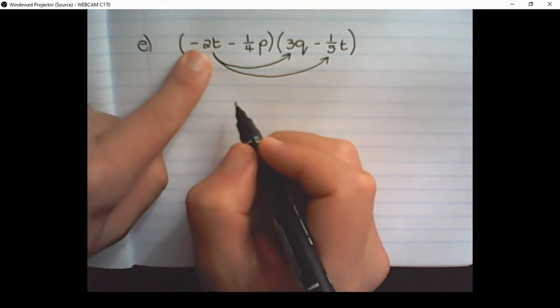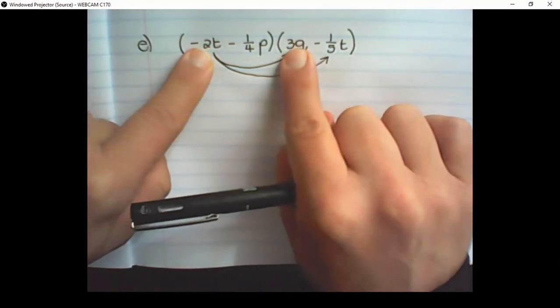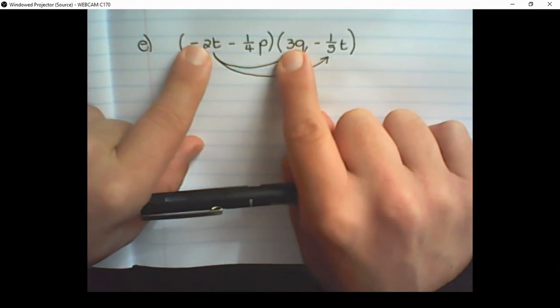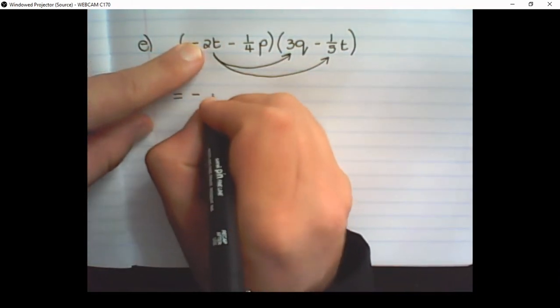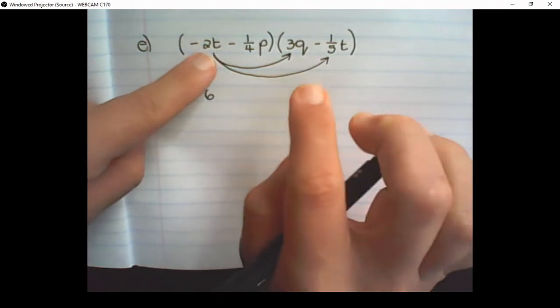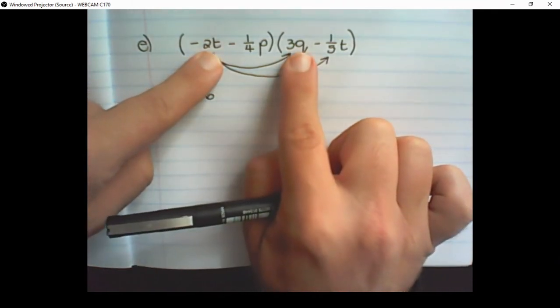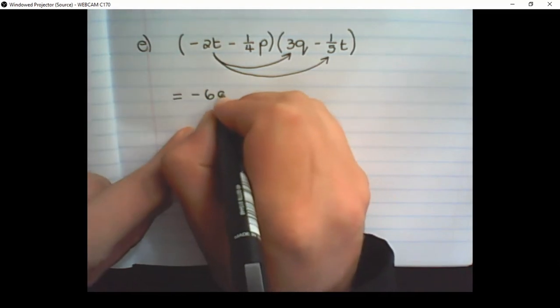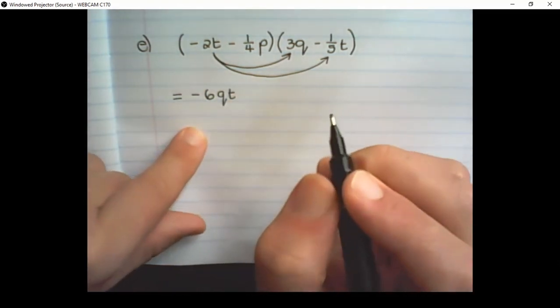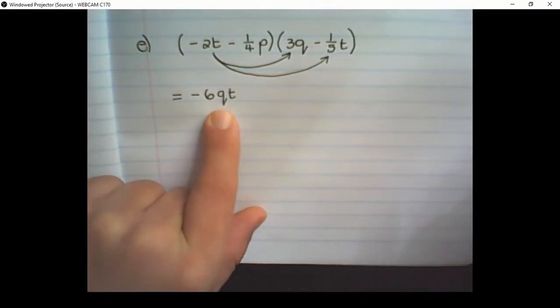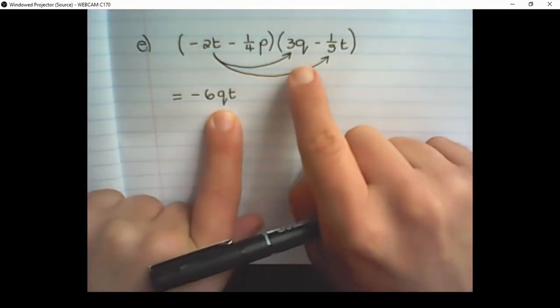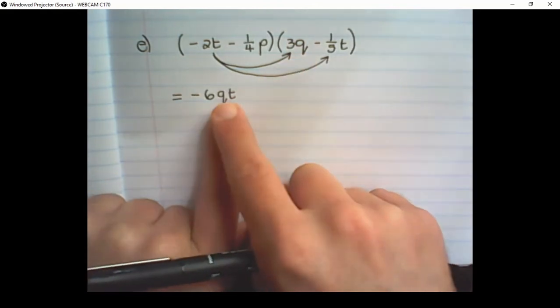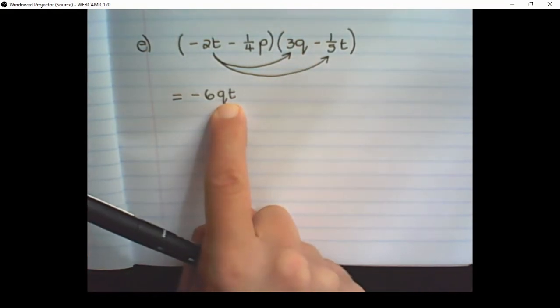So negative 2t times 3q, negative 2 times 3 will give us negative 6. And then t times q will give us qt. Remember, we write the variables in alphabetical order, and we cannot add up the exponents because they are different variables.